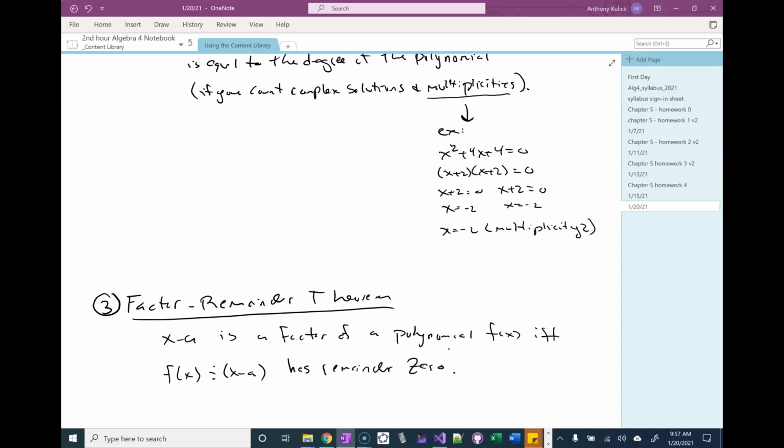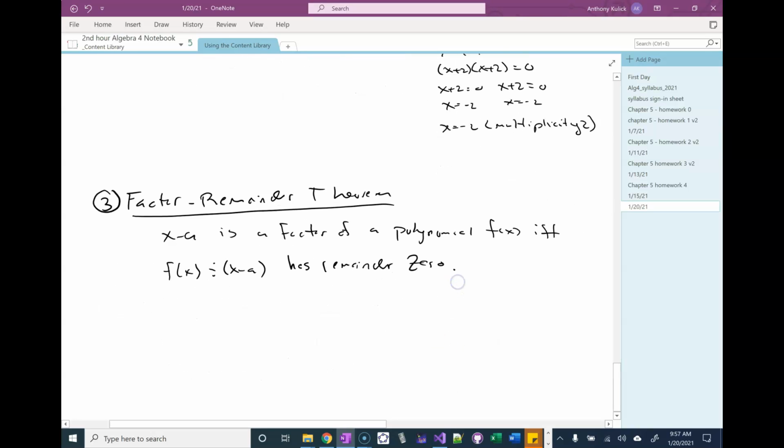This is basically what we were using last night in the homework, right? Where if we can do the division, that tells us that we have a factor. Everybody cool with that idea? Okay. And then the big tool that we're going to be using today is called the rational roots theorem.